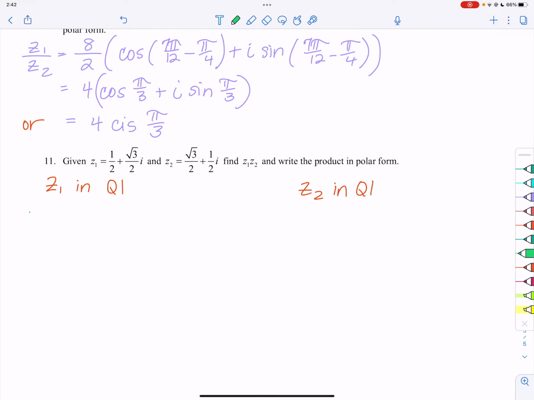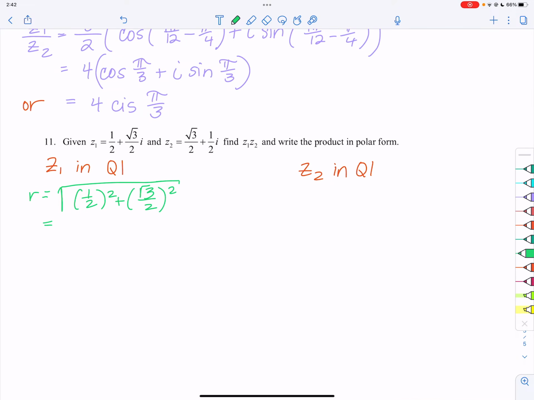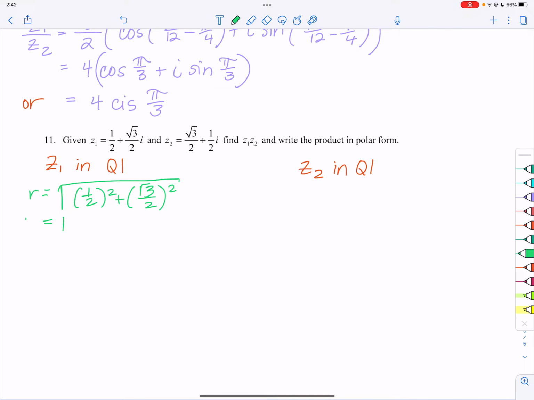So we have r equals the square root of 1/2 squared plus root 3 over 2 squared, and we'll come up with r equal to 1. Okay? And so it's going to look the same here. We have r equals the square root, and this time we'll have root 3 over 2 squared plus 1/2.